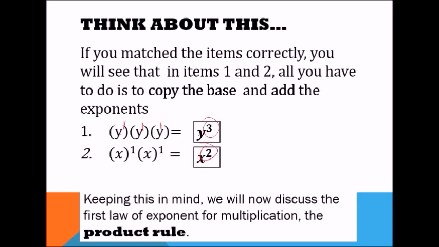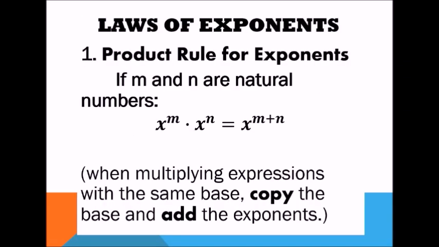So, let's apply that. What if the exponents are different, no longer all 1, but still the same base? The product rule for exponents states that if m and n, the exponents of your same base, are natural numbers, all you have to do is copy the base and add the exponents.